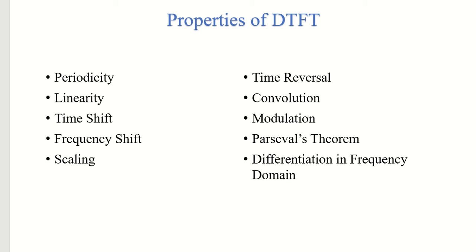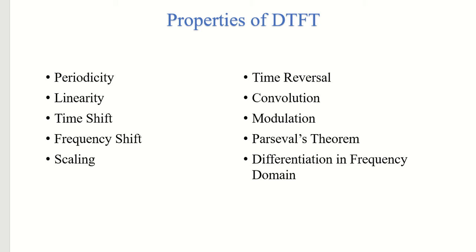Whenever I take the discrete time Fourier transform of this signal, I will get Y of omega equals e raised to minus j omega n0 times X of omega. That is the time shifting property, we have already seen it, so I'm not going into detail.